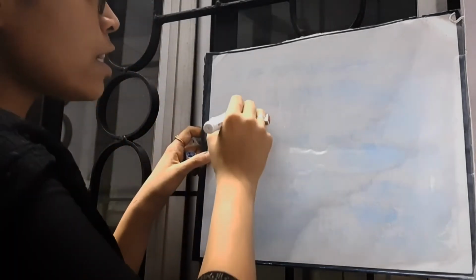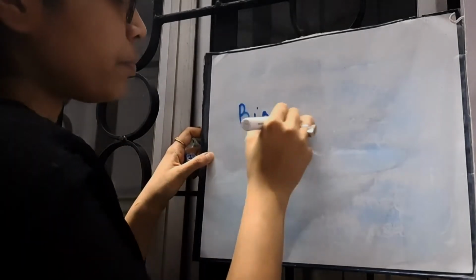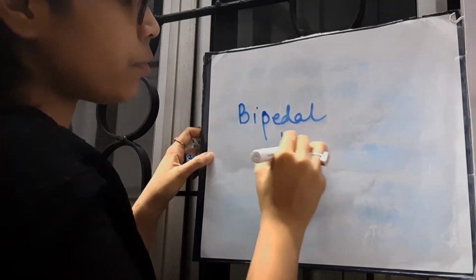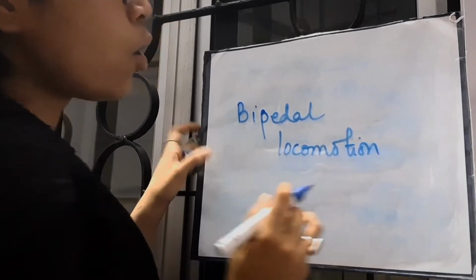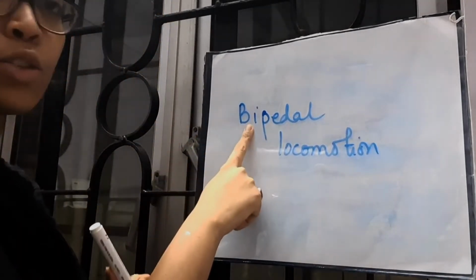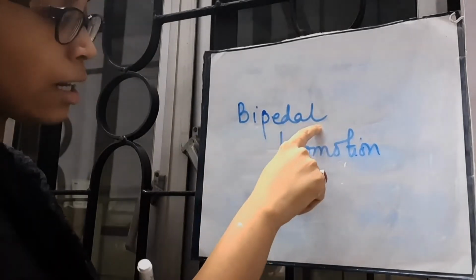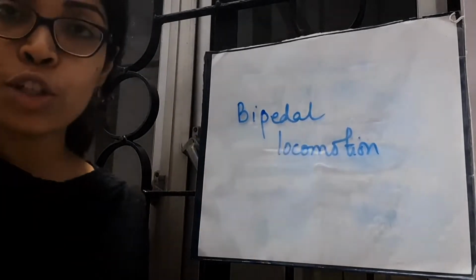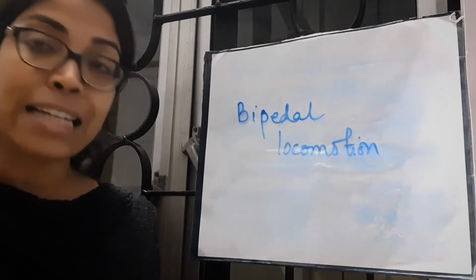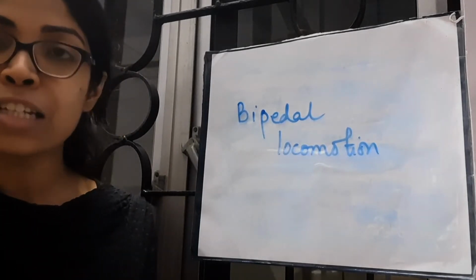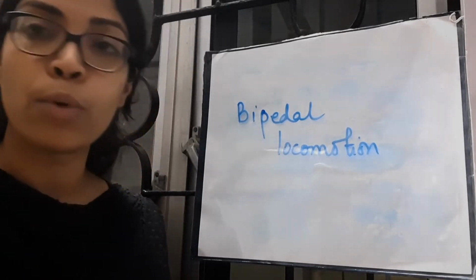Okay, next moving on to the topic of locomotion in humans, it is basically known as bipedal locomotion. What is bipedal locomotion? Bi means two, pedal means legs. So the locomotion that is done with the help of two legs, and it needs three steps: propulsion, support, and balance.